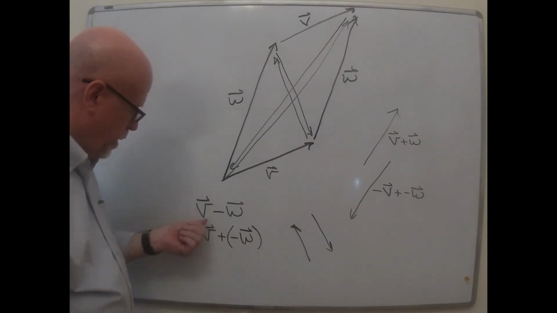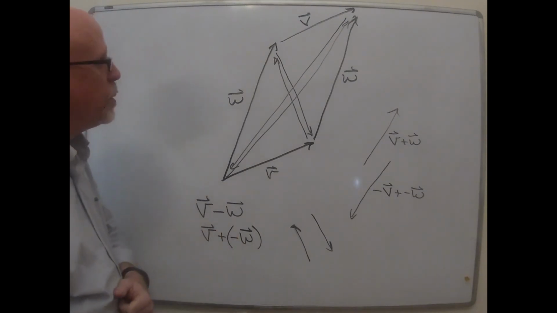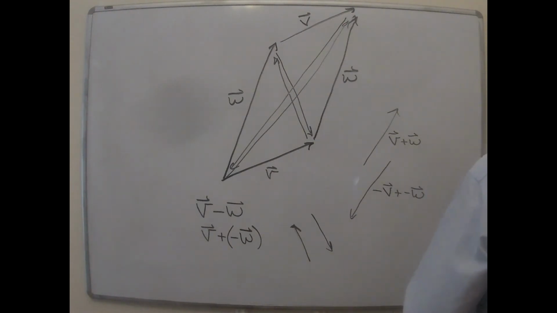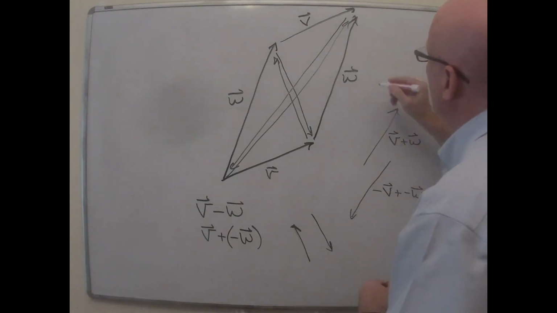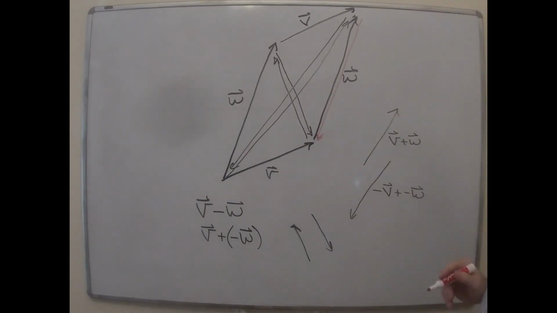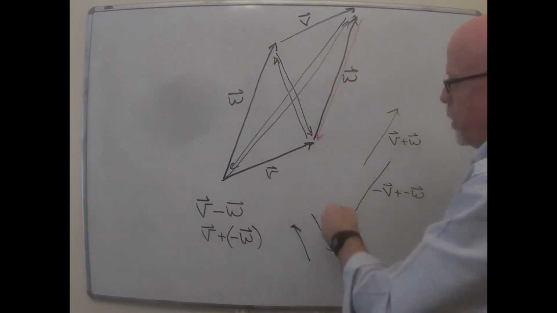If you take the vector v and subtract w, it's the same thing as taking v and adding the negative of w. Let me switch colors so that we see what the negative of w looks like. It's the red thing that goes the opposite direction as w did. So what do you get if you add v and the negative of w?